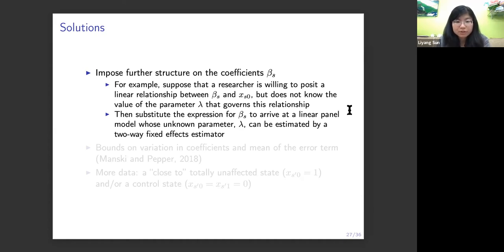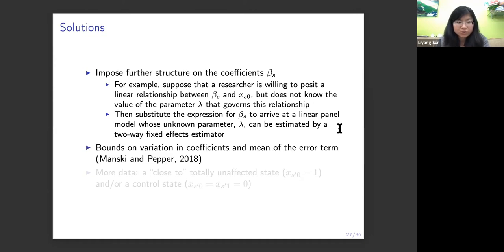Then it's possible to substitute the expression for beta S using the linear relationship between beta S and X as 0 and still arrive at a linear panel model whose unknown parameter would be lambda. It can then be estimated by a two-way fixed effects estimator, thus allowing the researcher to estimate the average of the coefficients beta S.